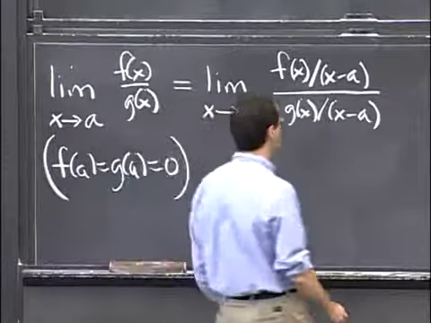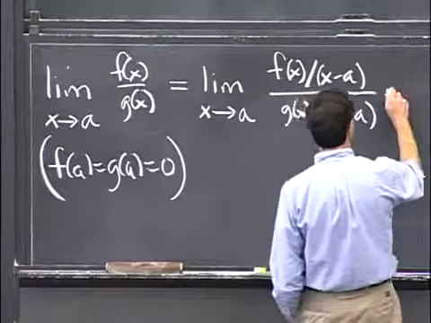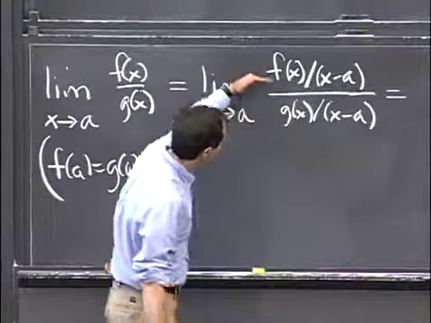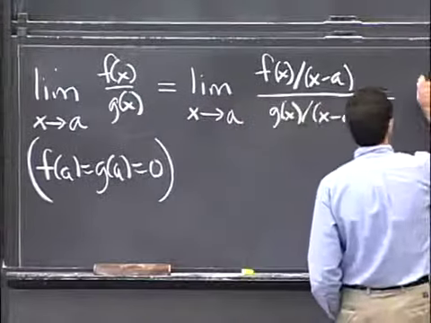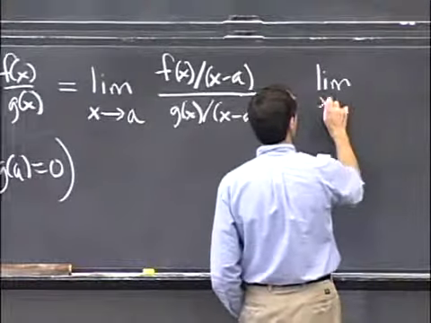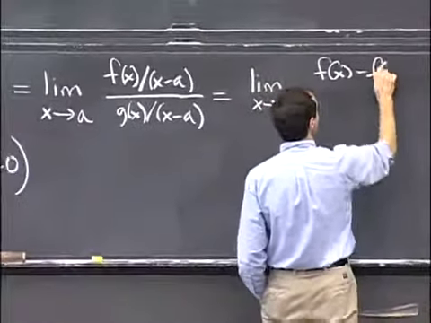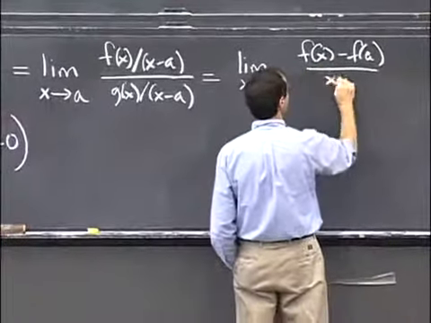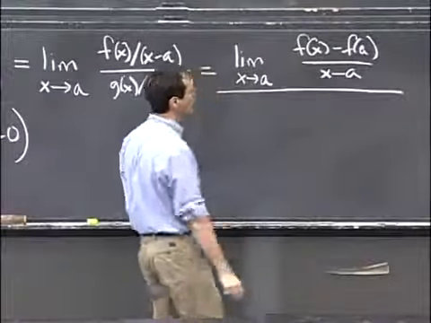And now I'm going to write it in this suggestive form. Namely, I'm going to take separately the limit in the numerator and the denominator, and I'm going to make one more shift. So I'm going to take the limit as x goes to a in the numerator, but I'm going to write it as f of x minus f of a divided by x minus a. So that's the way I'm going to write the numerator, and I've got to draw a much longer line here.